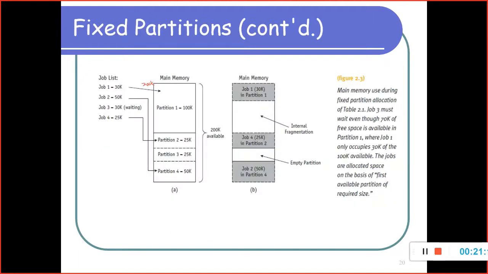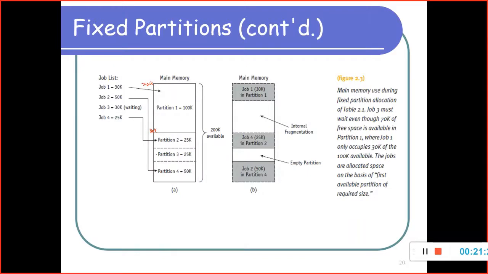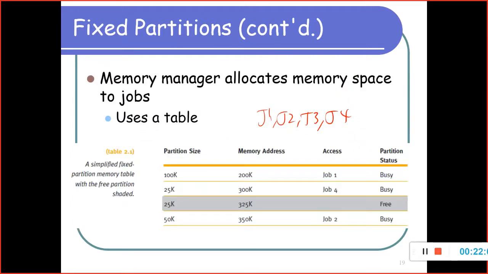Job 2 is 300K. Then 325K, and 350K. This is just the starting address for each location.